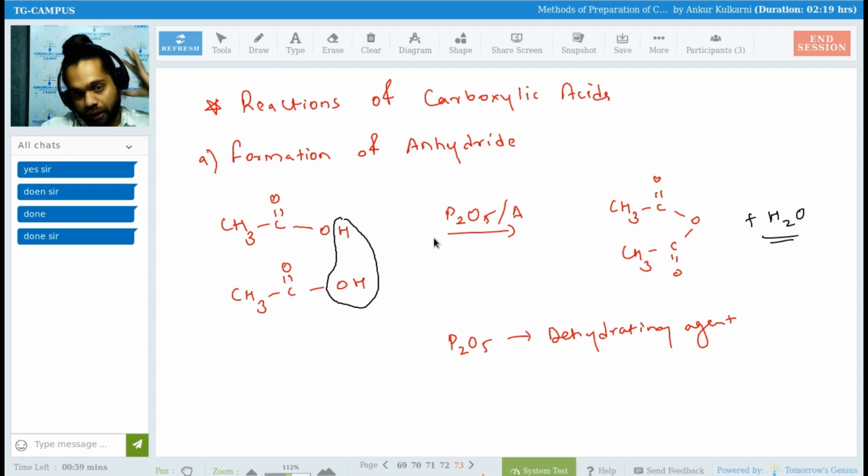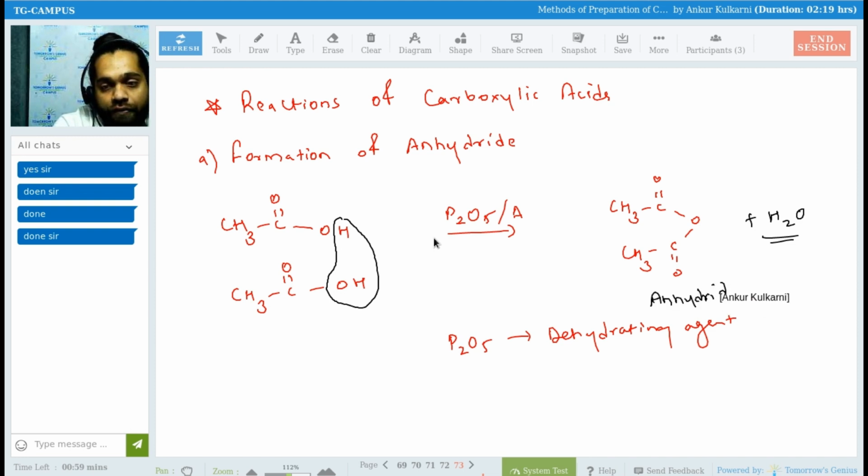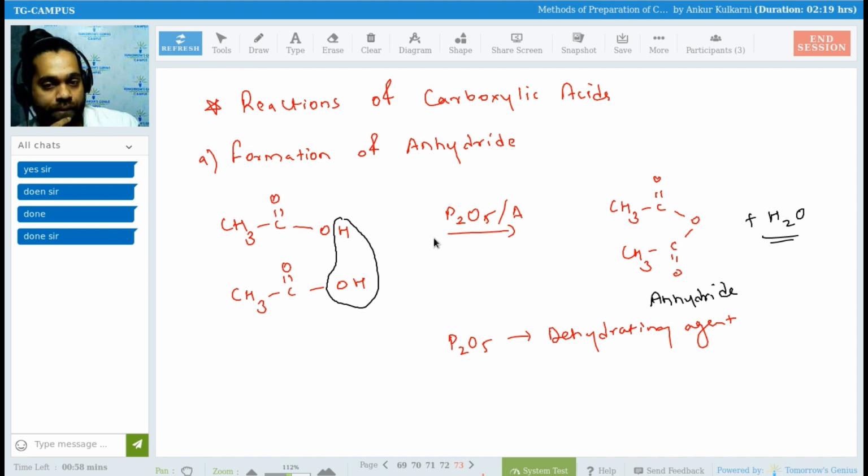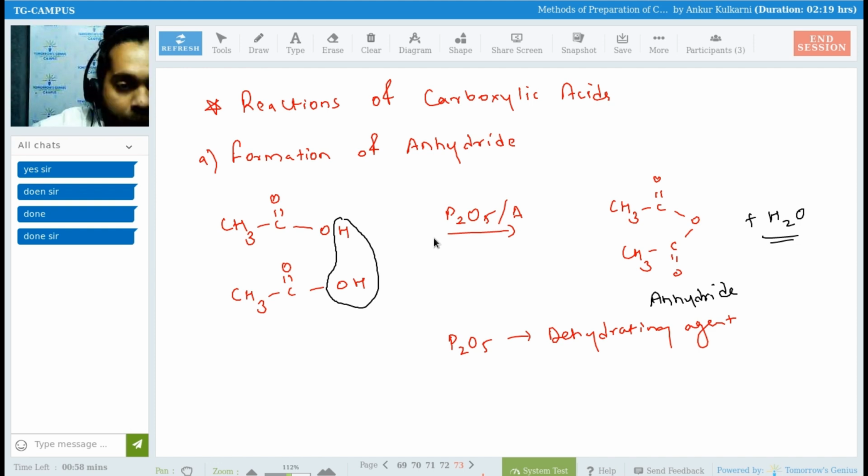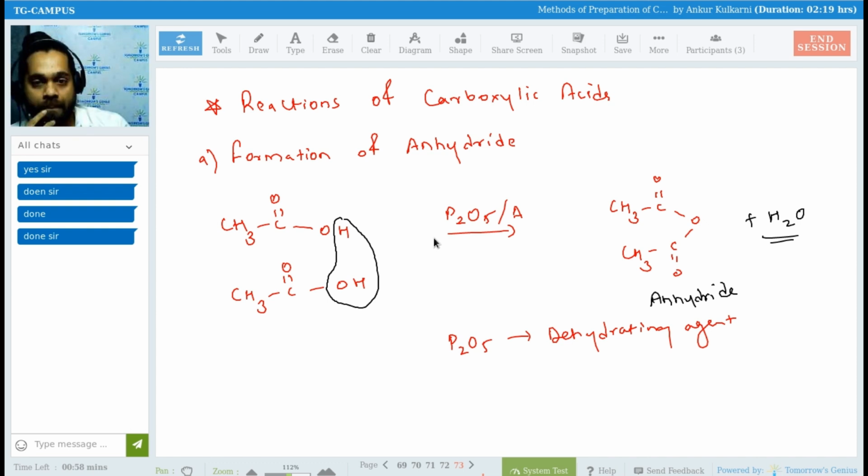Important, this is how anhydrides are formed. Come on, write it down.